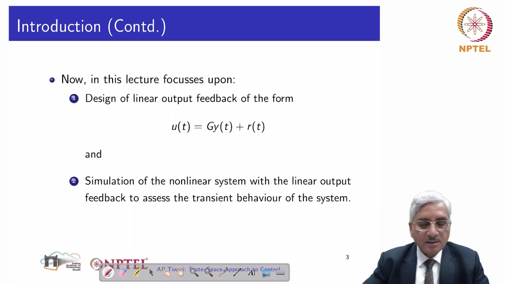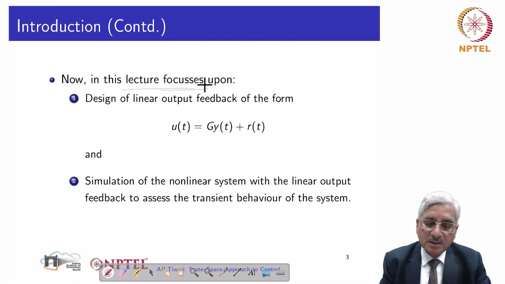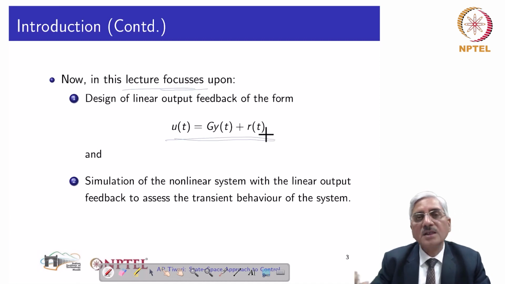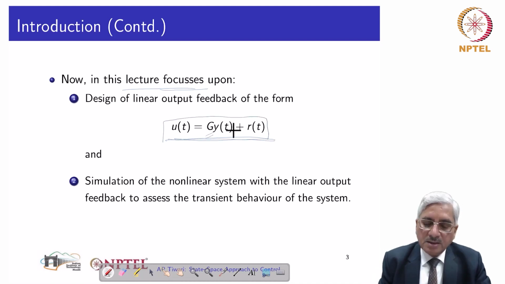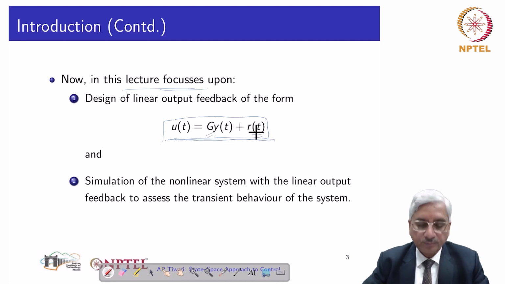Now we proceed ahead, and the focus of this lecture is the design of a linear output feedback control of this form: U is a gain G times Y plus reference R(t).